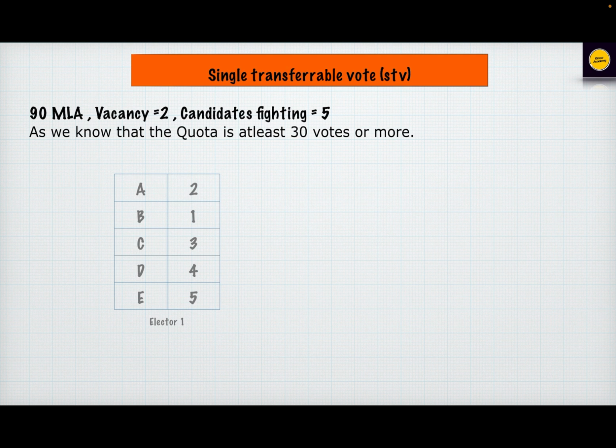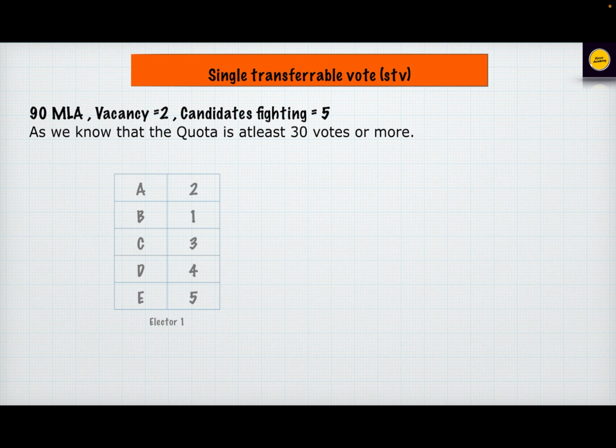In the Rajya Sabha election process, we make sure each elector gives his preferences among the candidates, first to last. Here we can see he has marked B as 1, A as 2, C as 3, D as 4, E as 5, which means elector 1 wants B to be elected to Rajya Sabha.